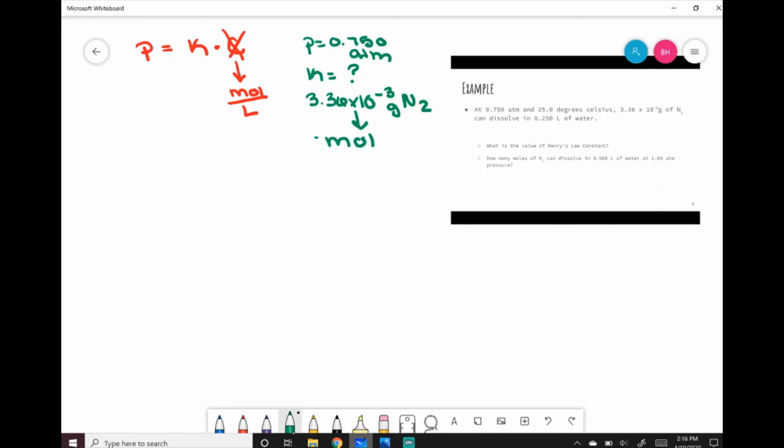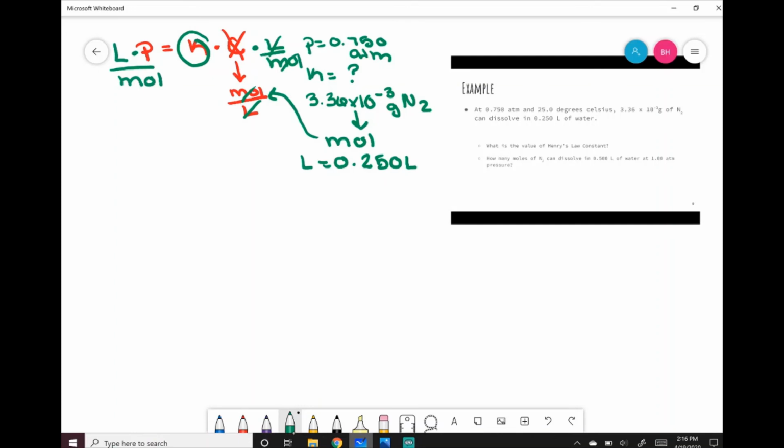So that's going to be our moles on top here. And we also know liters, which is 0.250 liters. So we want to solve for K. What I'm going to do is multiply both sides by liters over moles to cancel out the liters and moles. So over here is liters divided by moles.